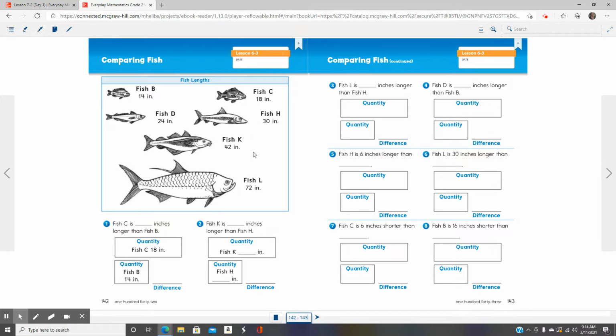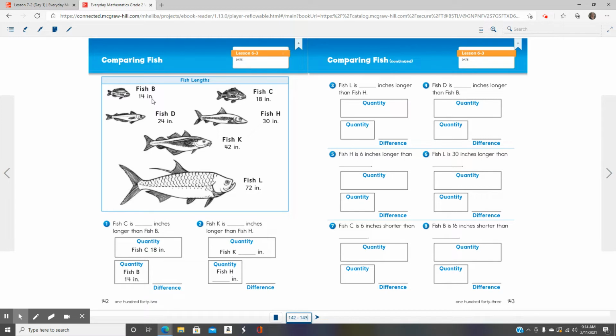This time the fish will not eat each other and get heavier, which is when we used addition. Today we're just comparing how long they are. So if you take a look at the fish in this little chart here, you'll notice that fish B is 14 inches. Remember, IN is an abbreviation for inches, IN period.